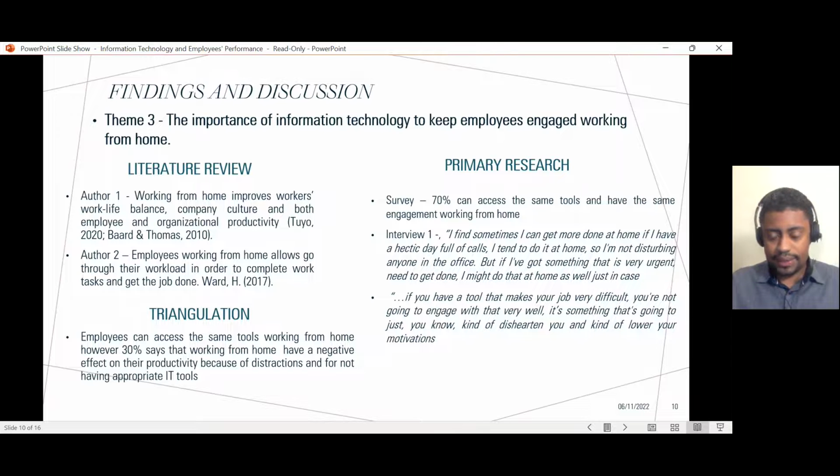So yes, working from home can keep employees engaged, but we need to provide the right tools, and it depends on the employees, depends on their access to the resources. If, for example, they don't have an appropriate desk or screen, it can have a negative effect on their engagement.